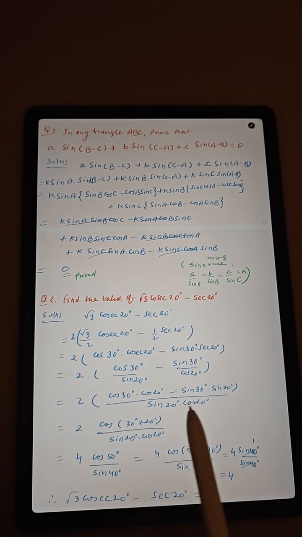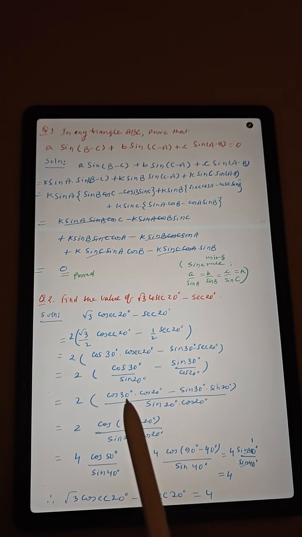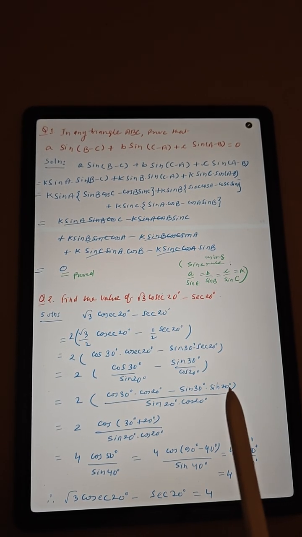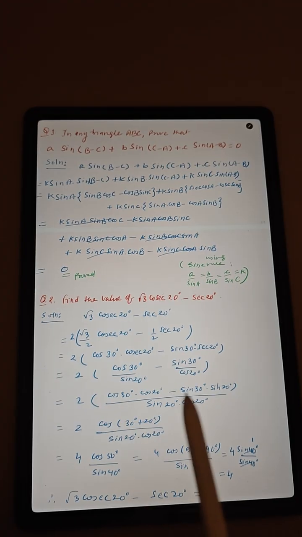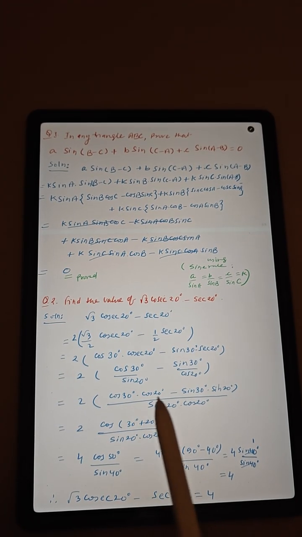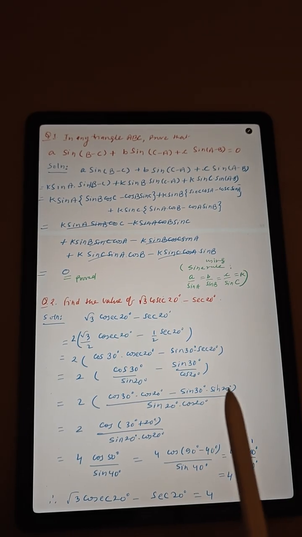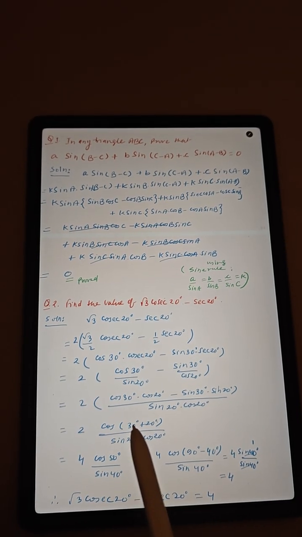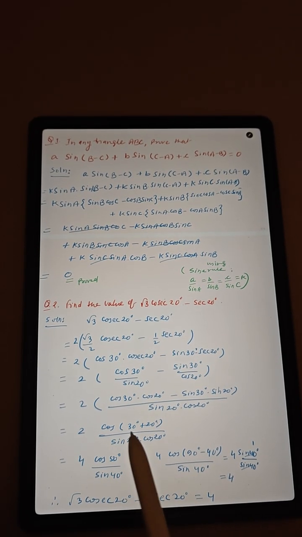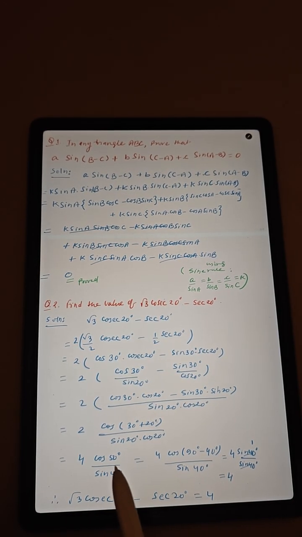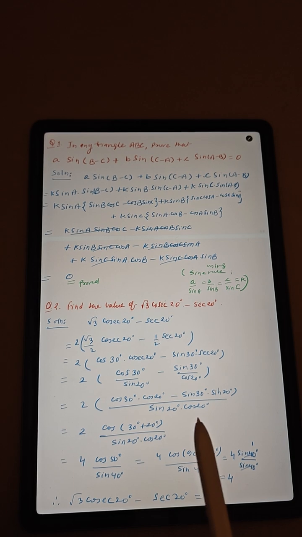Take the LCM, sin 20 degree cos 20 degree. This will give you cos 30 degree cos 20 degree minus sin 30 degree sin 20 degree. So this is again one formula, cos A cos B minus sin A sin B, so cos of (A plus B). So cos(30 degree plus 20 degree) is cos 50 degree upon sin 20 degree cos 20 degree.